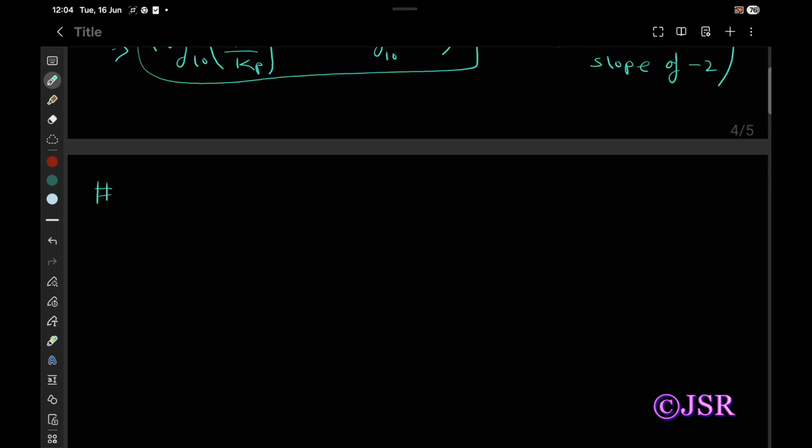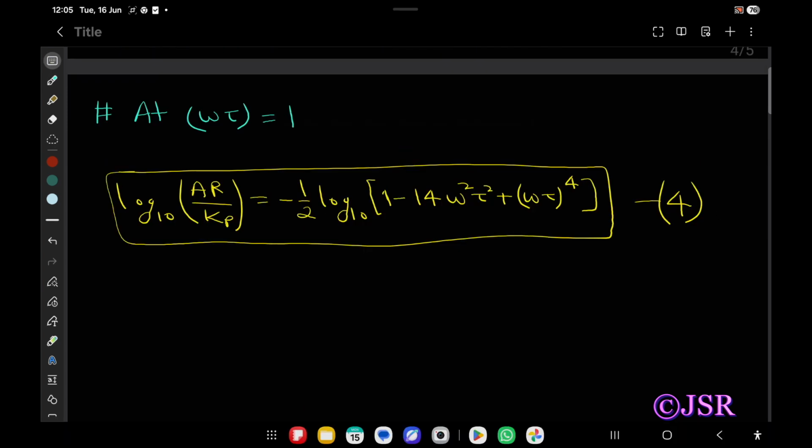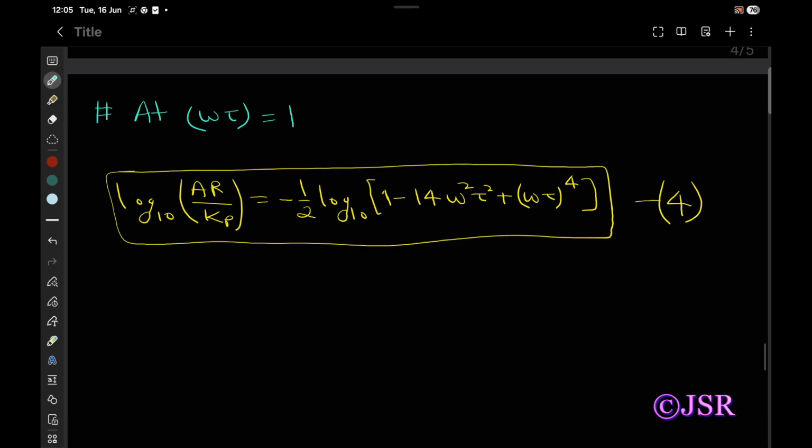So next, at omega tau equal to 1. So when omega tau is equal to 1, we will have minus half log 10 of 1 minus 14 plus 1.